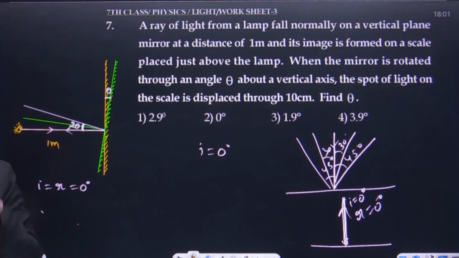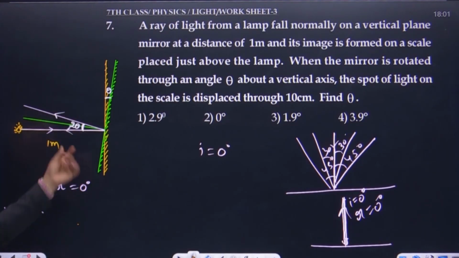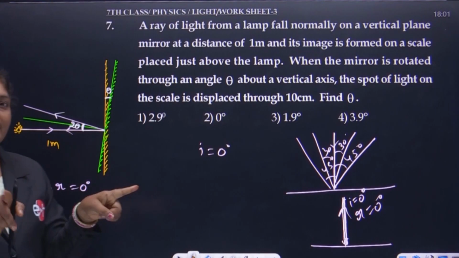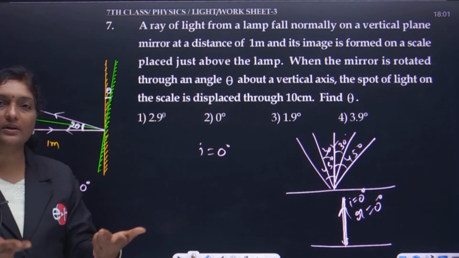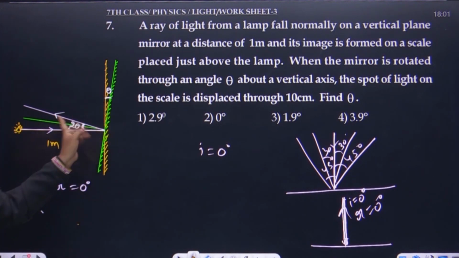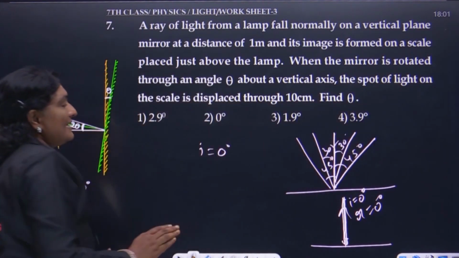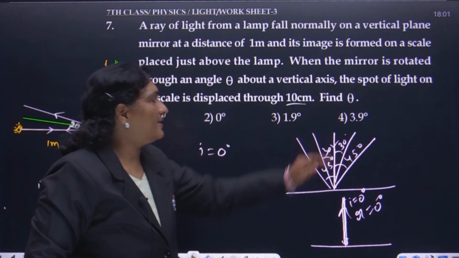Is that point clear, children? So, this was your initial reflected ray and here was your final reflected ray, and the angle between the two reflected rays, no doubt, is 2 times theta. This is theta, this is 2 times theta. And it was given that the spot of light on the scale is displaced through 10 centimeters.